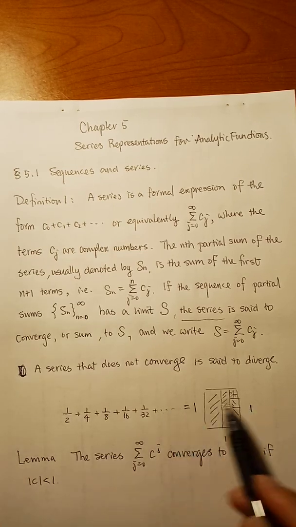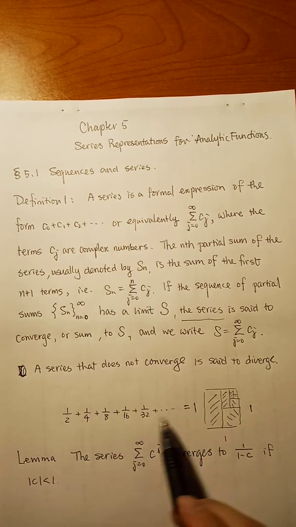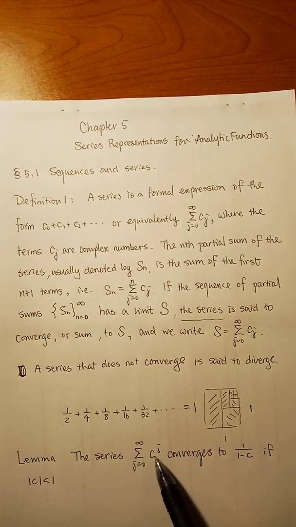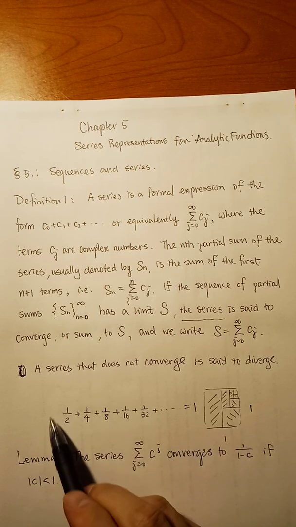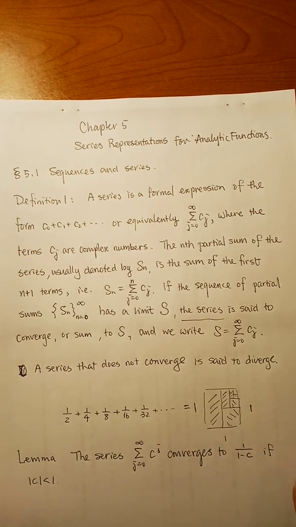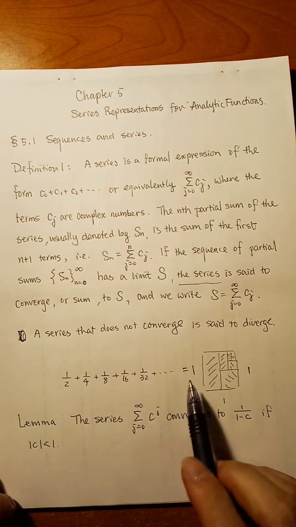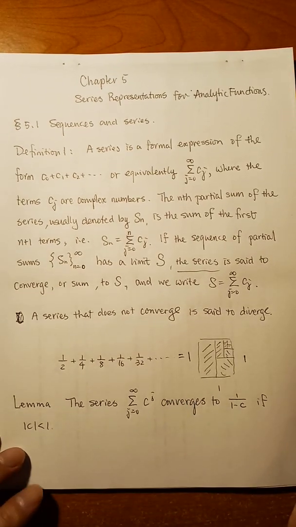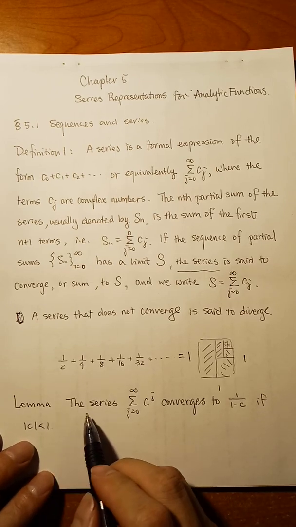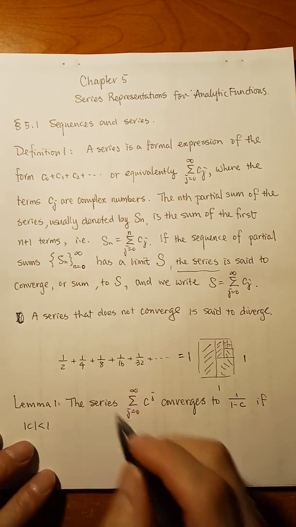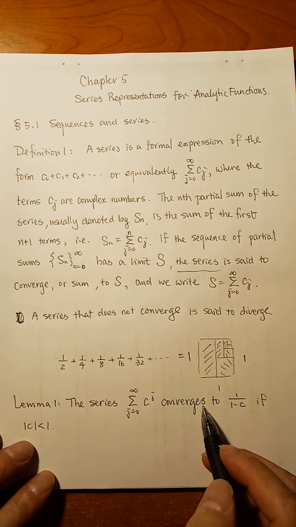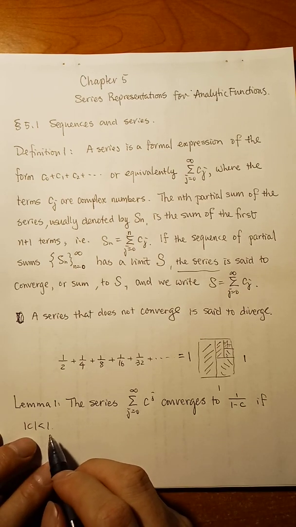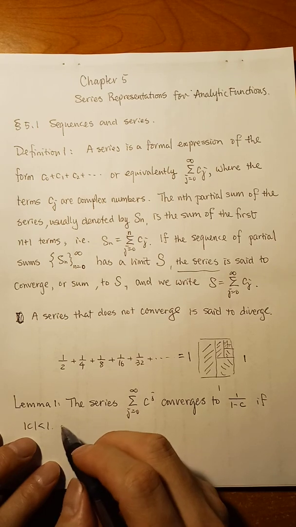Here I just want to use the picture to demonstrate the sum, so I didn't include 1. When j is 0, C^0 is 1, so I didn't include it, but it doesn't bother whether it converges or diverges. It affects the value, but not the convergence or divergence property. So lemma 1 says this series always converges to 1/(1 minus C) if the absolute value of C is less than 1.